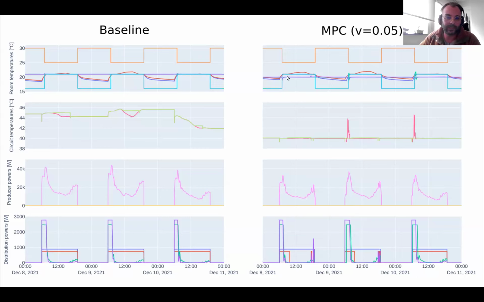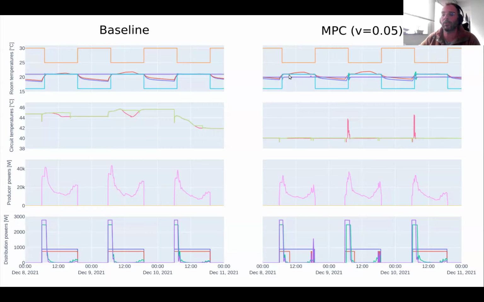Also, these are the temperatures of the two spaces, and we see that the baseline supplies at 21 degrees constant. Here, our MPC likes to supply at 20 degrees. That was the lower constraint, because it needs less heating to set the supply temperature at 20 degrees.